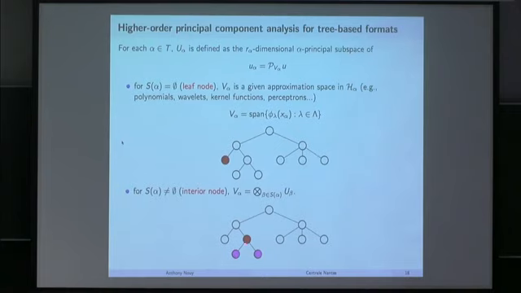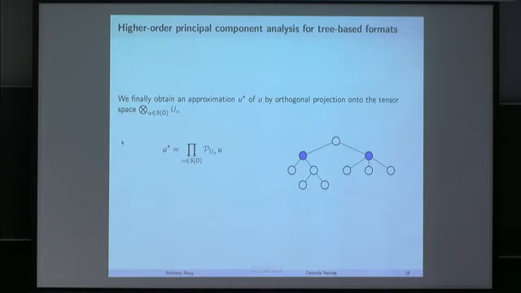When I look at the principal subspace associated with the group of variables 2, 3, I look for these principal components in the tensor product of U2 and U3. And at the end, when I arrive at the sons of the root, once I have estimated the principal components at these two nodes, I just have to project the function U on the tensor product of these subspaces determined at these nodes to obtain an approximation.